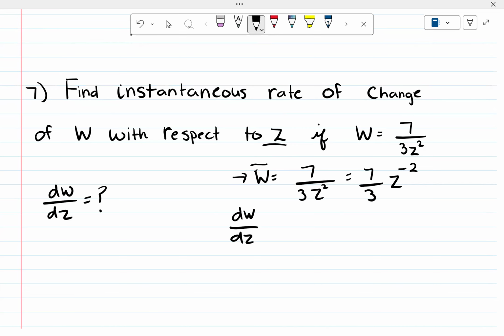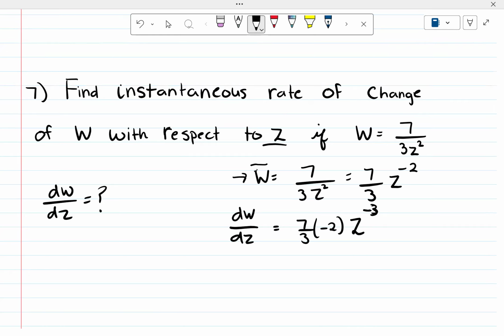That's much easier because now you can just apply the power rule, right? So it's 7/3 times negative 2, and then z, and continuing with the power rule, it's old power minus 1, so negative 2 minus 1, which is negative 3.